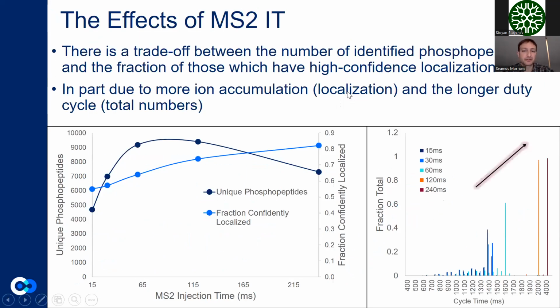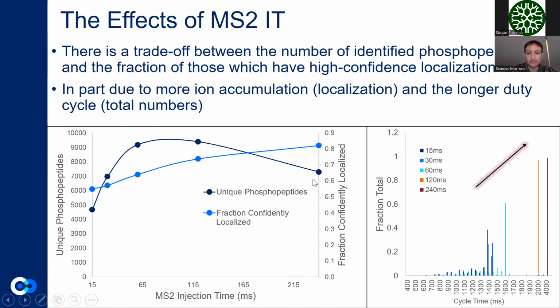So turning to MS2 injection time, it's a slightly more complex story. As we change from 15 milliseconds to 240 milliseconds, there's conflicting behavior between the raw number of unique phosphopeptides and the fraction that are confidently localized. We see a peak in the total numbers between 60 and 120, and then a drop off at either end. With the localized fractions, we see a steady increase as we go from low to high.